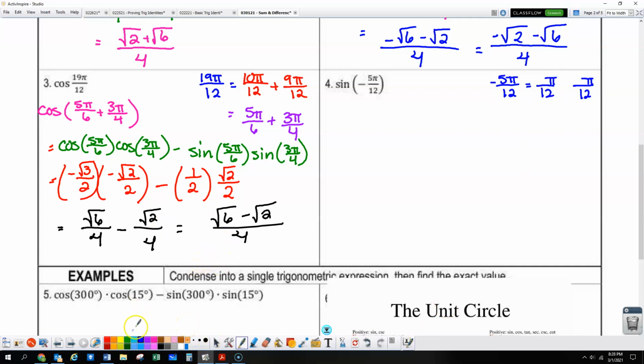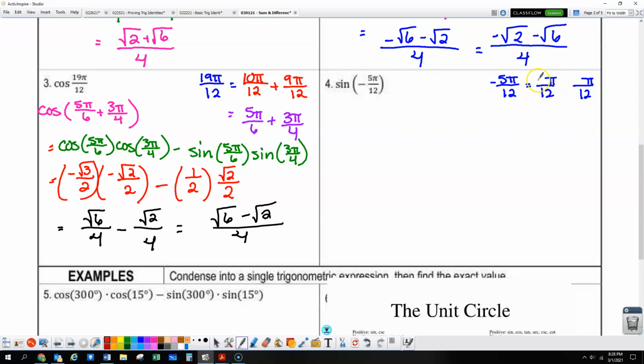So negative 5, and you do want something to be able to reduce. So you either want multiples of 2, 3, or 4.